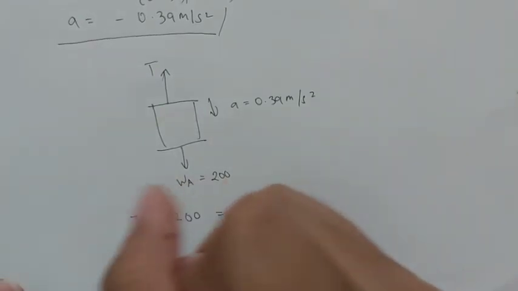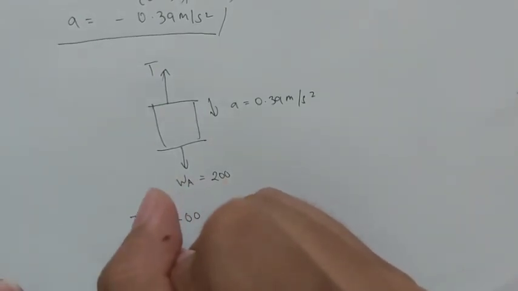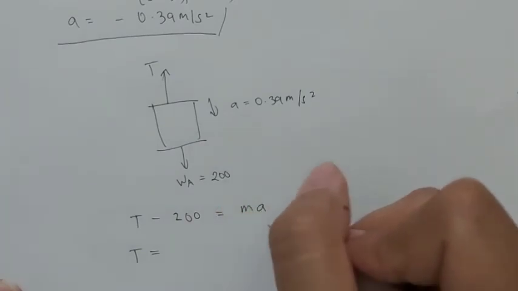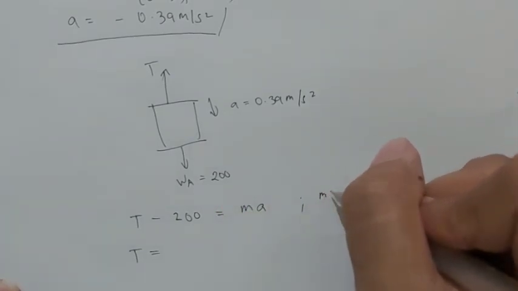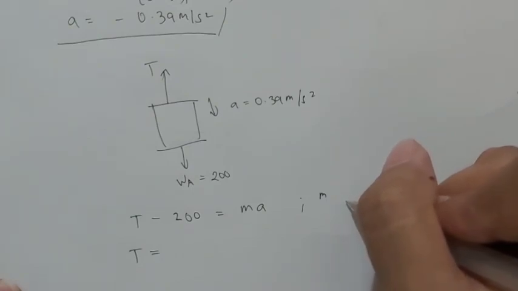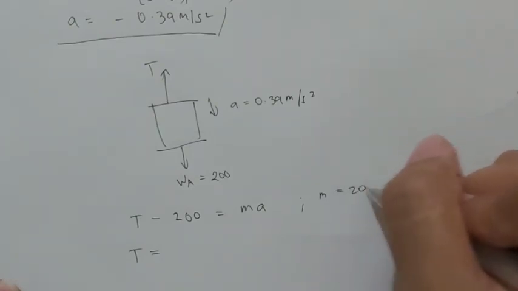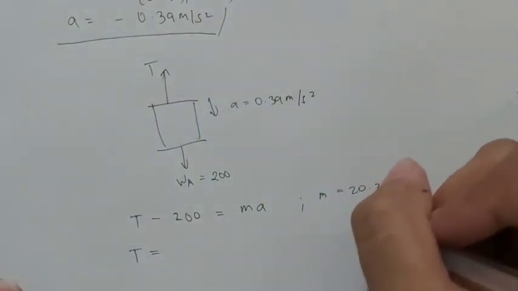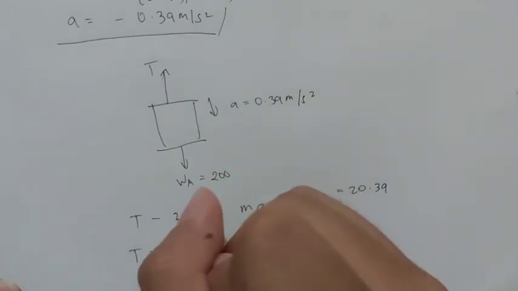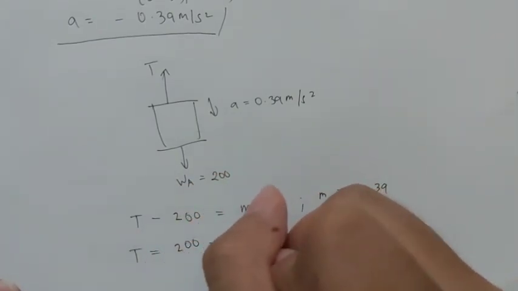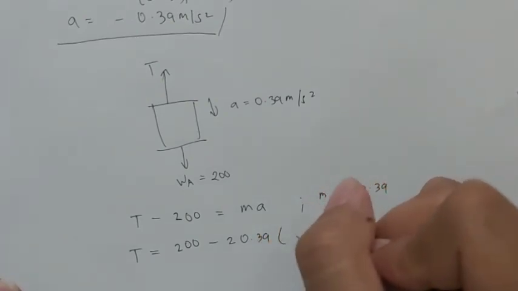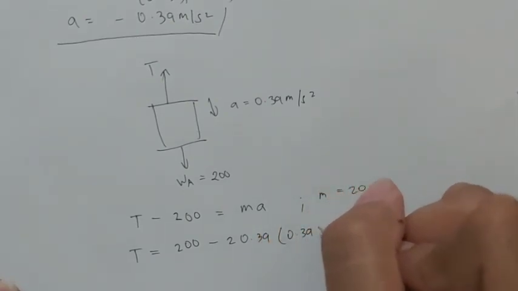So T is equal to 200 minus 20.39 times the acceleration of 0.39.